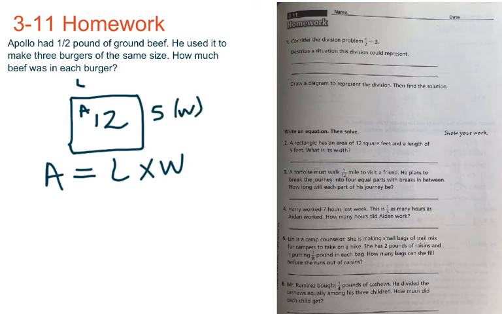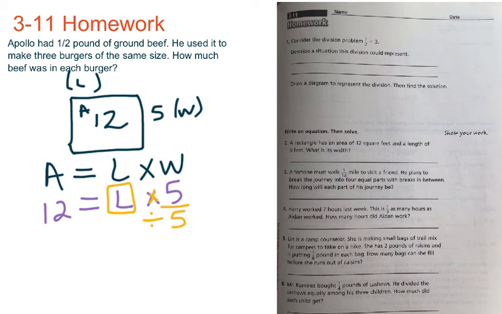And so we know that we can solve here because we have the area, and our area is 12, and we know that 12 here is equal to some number, L, times 5. And now we just need to solve. In order to solve, I need to isolate my L. This is some algebra, kiddos, but I need to isolate my L. And so I'm going to look here, and I have my multiplication problem here, and I need to do the opposite of multiply, which is divide. So if I divide 5 by 5, it's just 1, so I can leave that alone. Now anything I do to one side of the equation, I have to do the other.